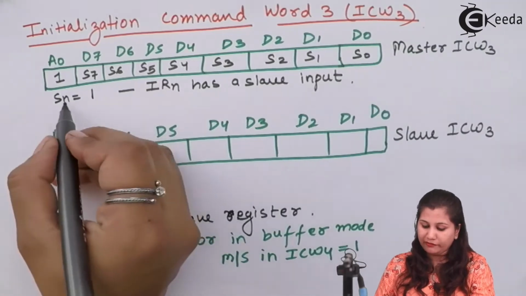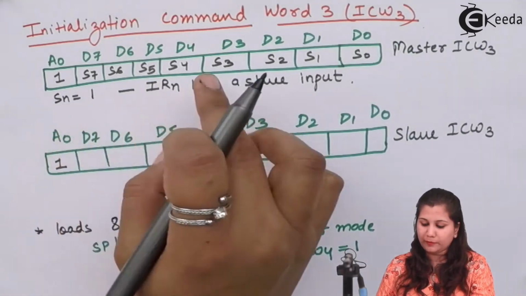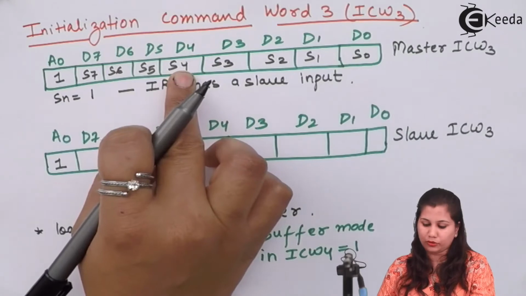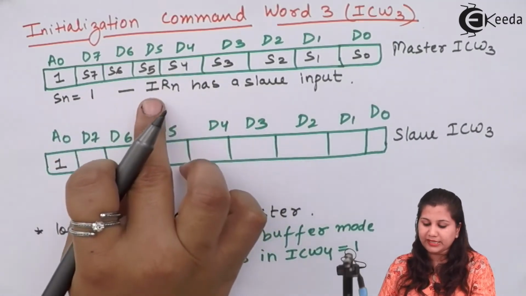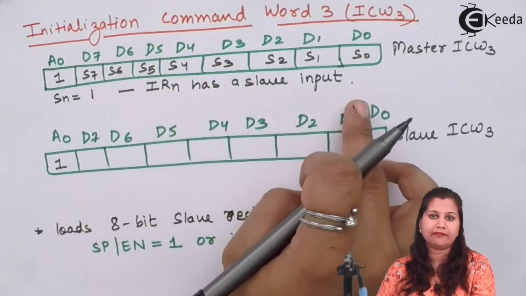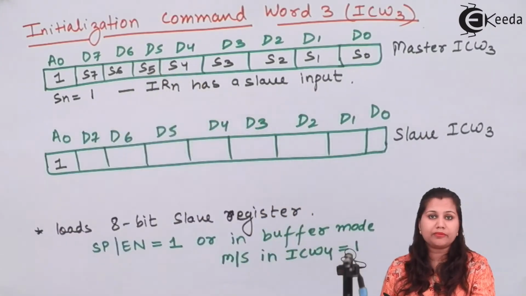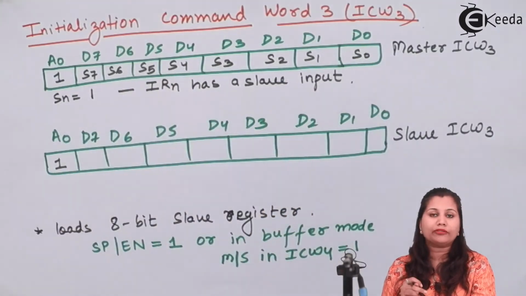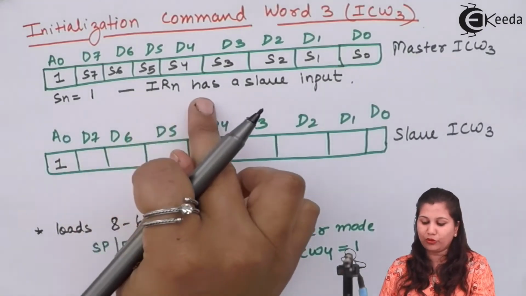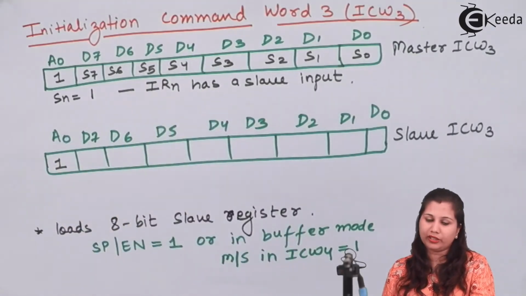Okay, so if Sn is equal to 1, suppose S4 is set, it means IR4 has a slave input, meaning the interrupt request line number four, that is IR4, is having a slave input.